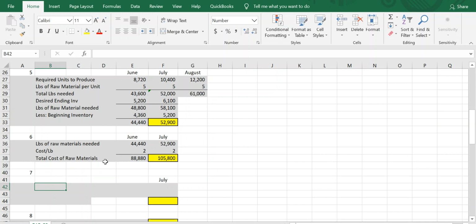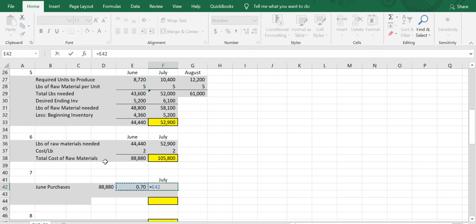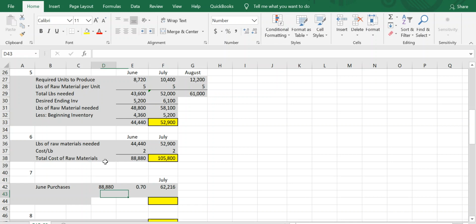Okay, so we have June purchases of 88,880, and we're going to multiply that by 70%, because remember, from the problem, we're going to pay out 70% of that in the month following the purchase. So we take 70% times 88,880.